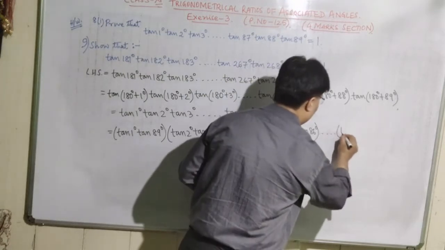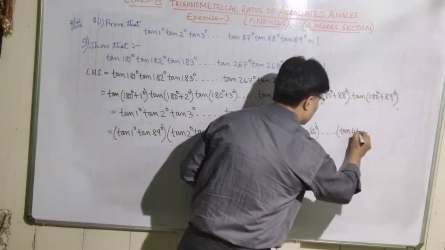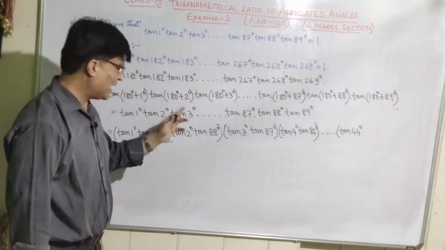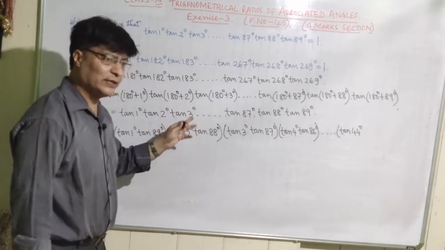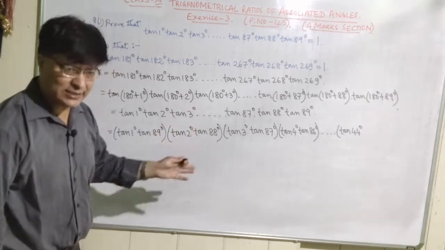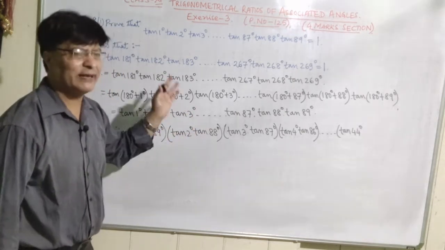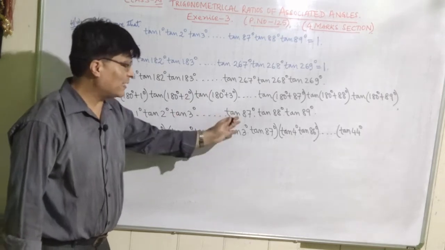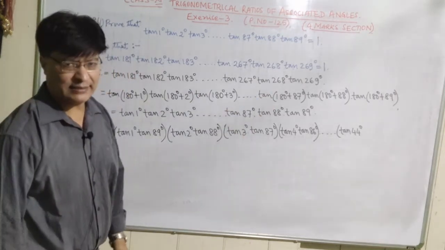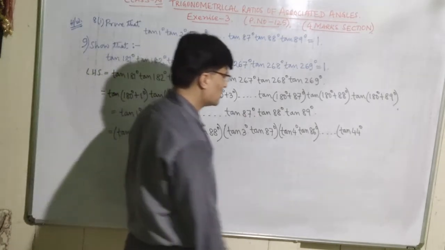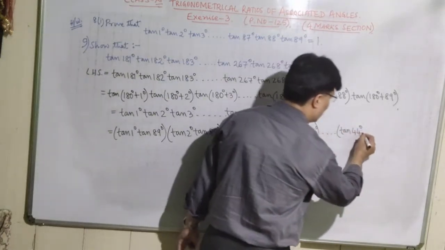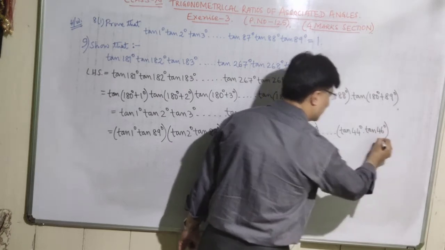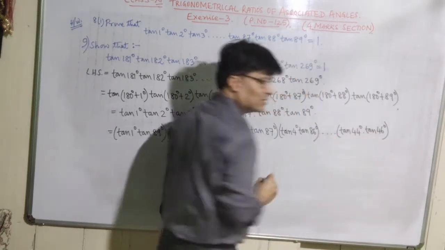You will have dot dot dot, up to terms like tan 44 degree, tan 45, tan 46, tan 47, tan 87, tan 88, tan 89. Okay. So now dot dot dot. Then comes tan 44. What is the pair of tan 44? It is tan 46 degree, so that their summation is 90 degree.